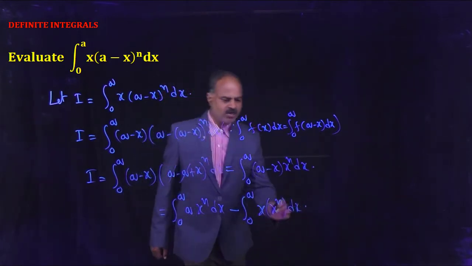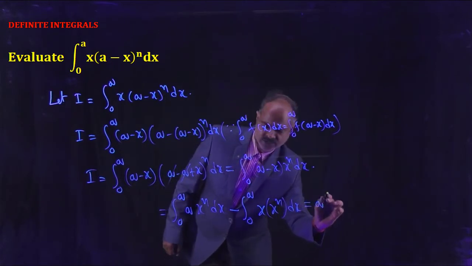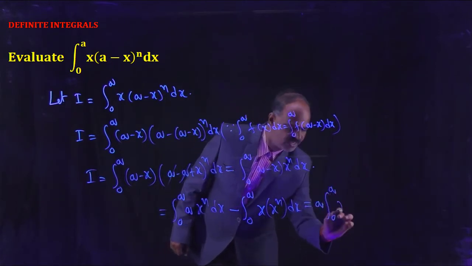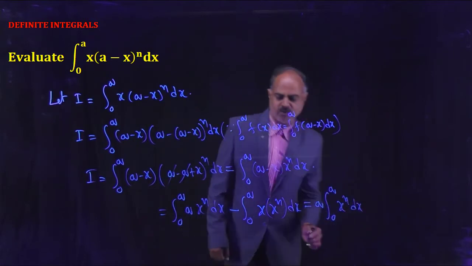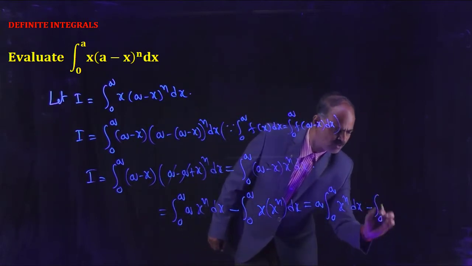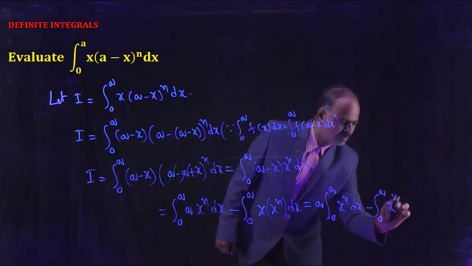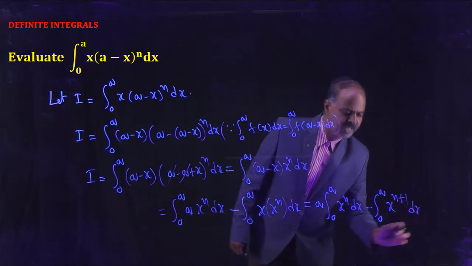So that is equal to a into integral 0 to a of x power n dx minus integral 0 to a of x power n plus 1 dx.